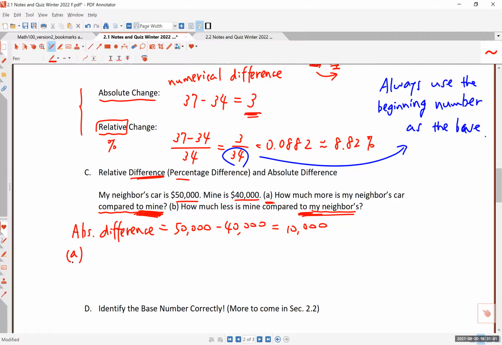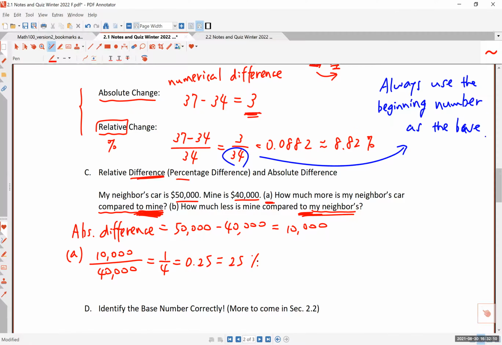Now let's look at A. How much more is my neighbor's car compared to mine? Here, what we do is divide that $10,000 difference, the absolute difference, by the base, which is compared to my car. So the base here is going to be the price of my car, which is 40,000. And that's of course 1/4. 1 divided by 4 is 0.25, which is 25%.